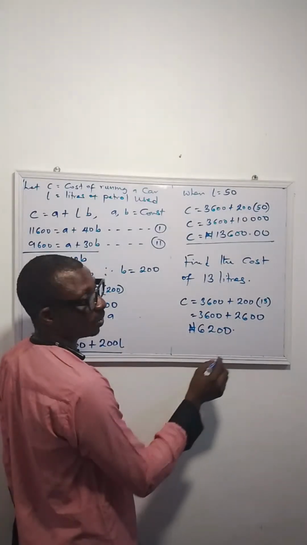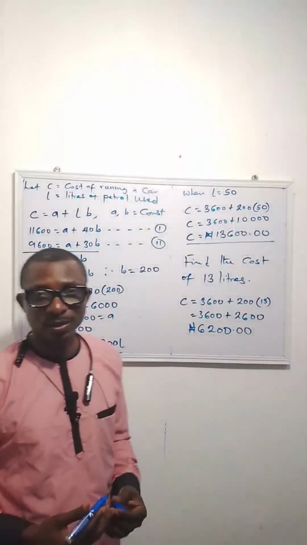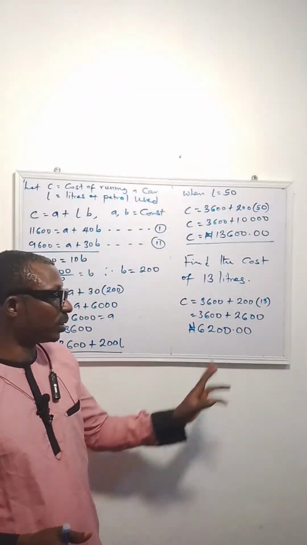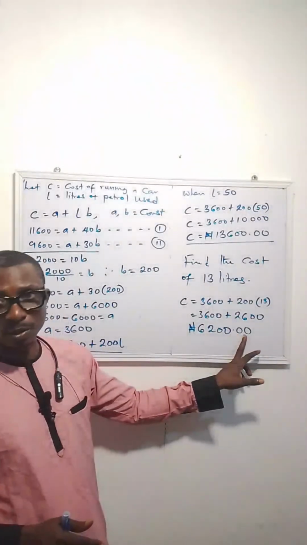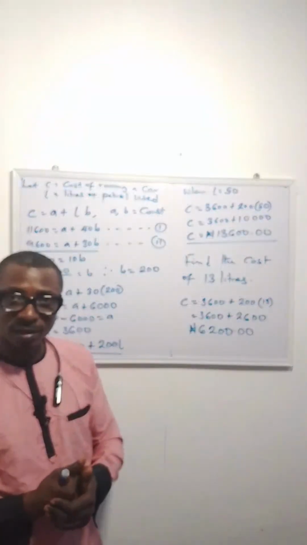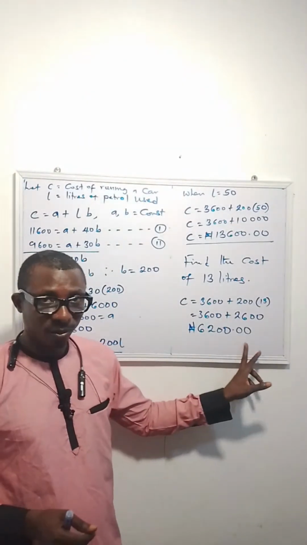You must also remember to put the kobo, 0.00. Whenever you are writing a value of money, always remember to put the kobo, or cent, depending on the currency you are writing. So this is going to be the correct answer.